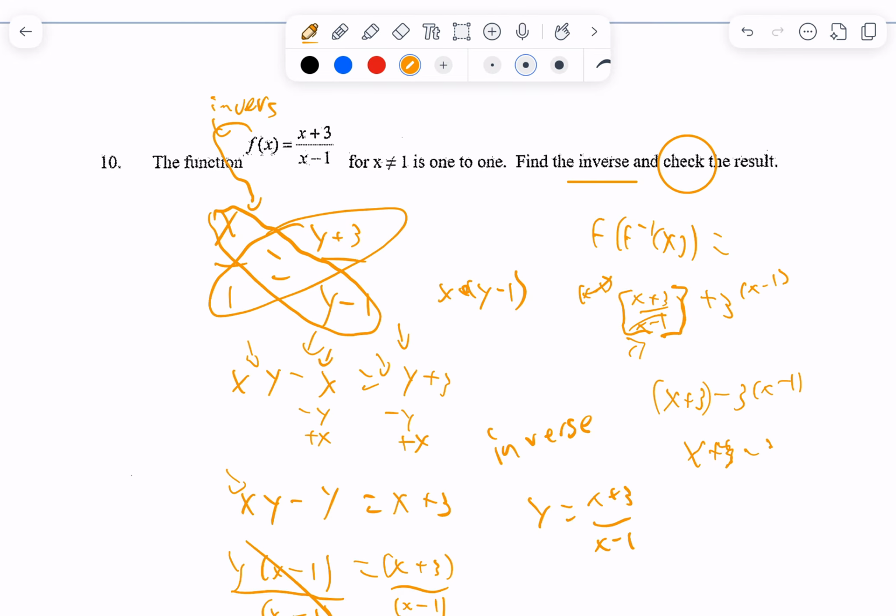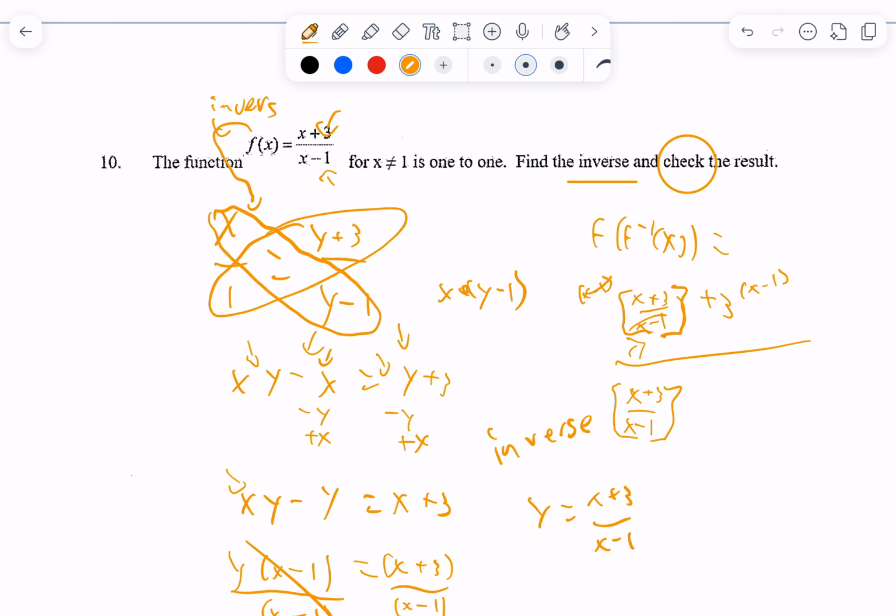Okay, I'm sorry. And this is over, because this is the top part. Now we have to focus on the bottom part. So x plus 3 over x minus 1.